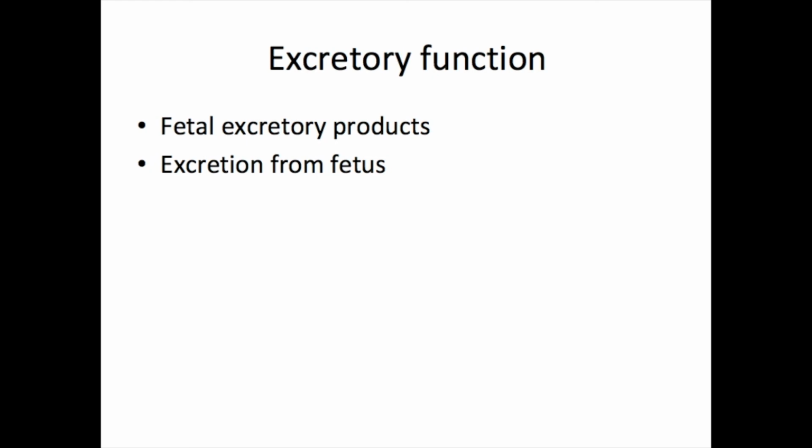Excretion of the waste products through the placental membrane occurs in the same manner that carbon dioxide diffuses from the fetal to the maternal blood. Other excretory products also diffuse through the placental membrane into the maternal blood and are then excreted along with the excretory products of the mother. Most fetal excretory products are non-protein nitrogen such as urea, uric acid, and creatinine.